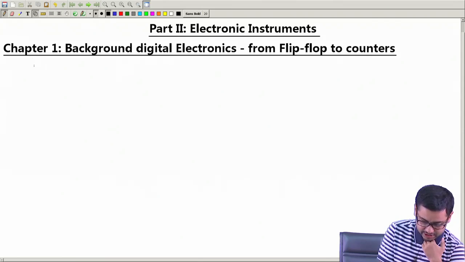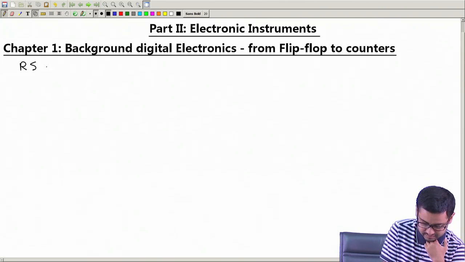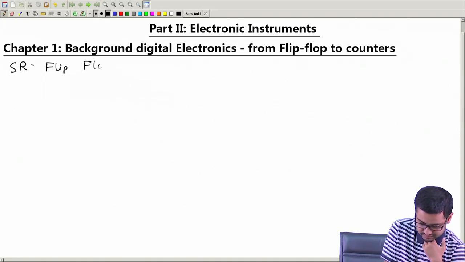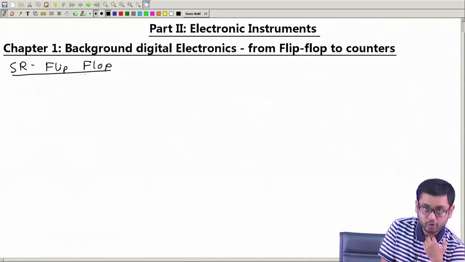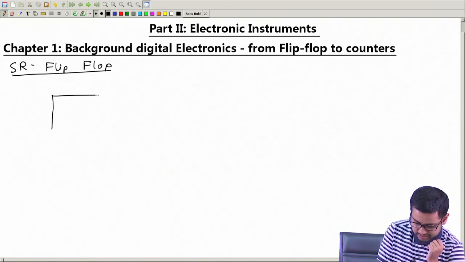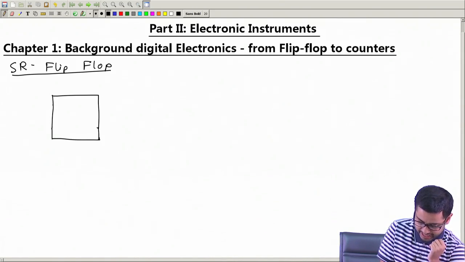So, let us start with what is called an RS flip-flop, or SR flip-flop. What is it? This is a black box which has two inputs.